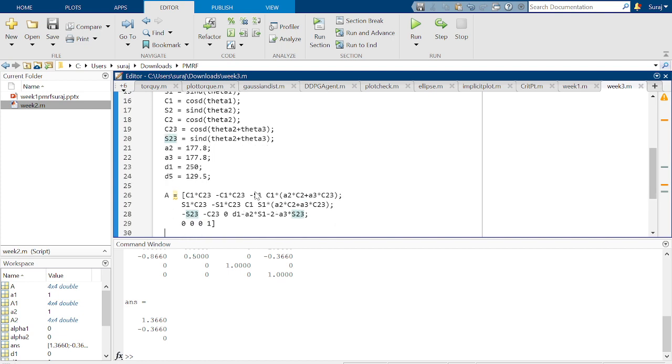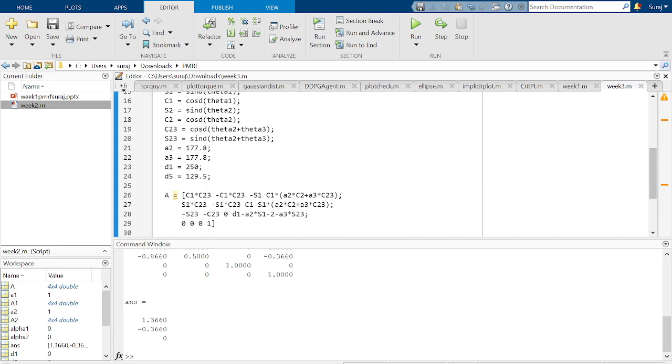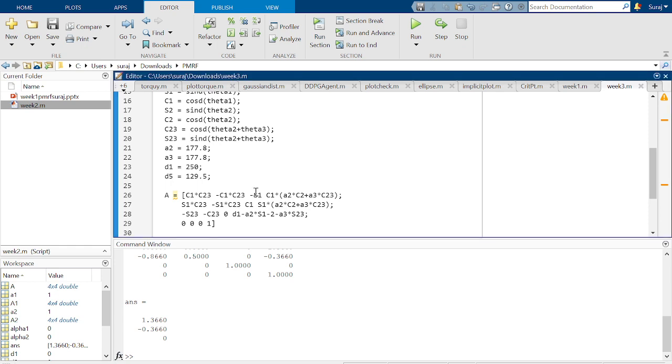Why is D5 here? Let me check the question. Yes, they have given D5 but haven't used it, funnily. That is not a problem. Let's go back to MATLAB. This is the code, and we just plug in the values.